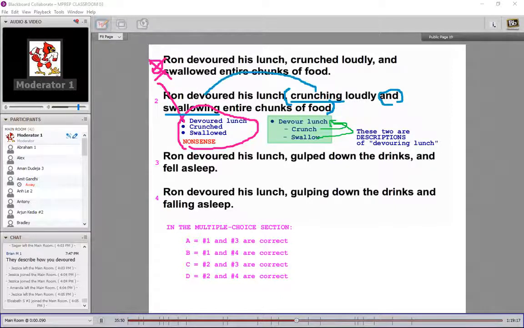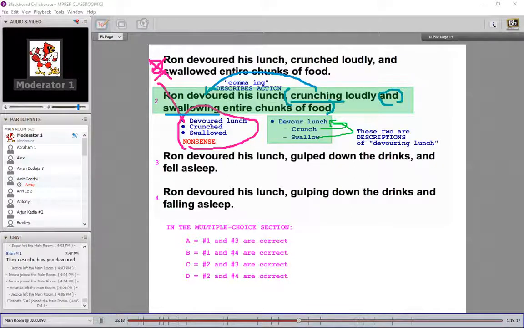And the way that works is it modifies the action that came before it. If you don't know how those work, they're in our strategy guide. We also have study hall sessions on it. But comma ing is perfect here. It describes this action. This is exactly what we want to do. So this is the one that works out of these two.